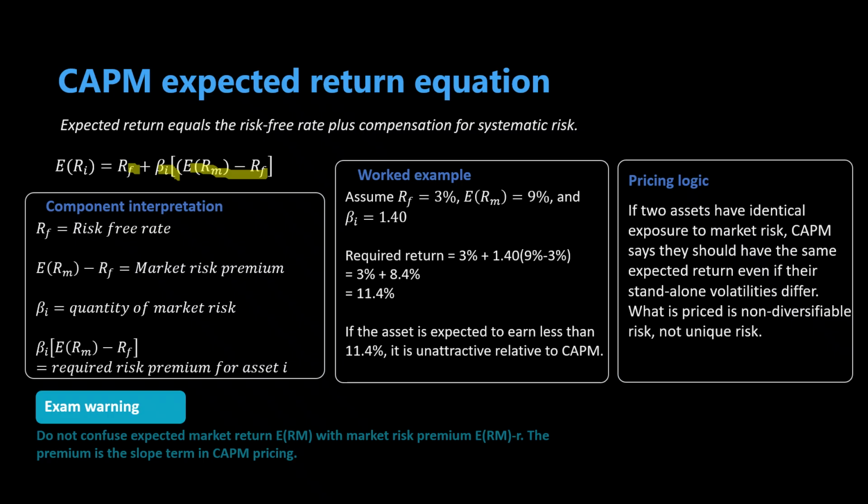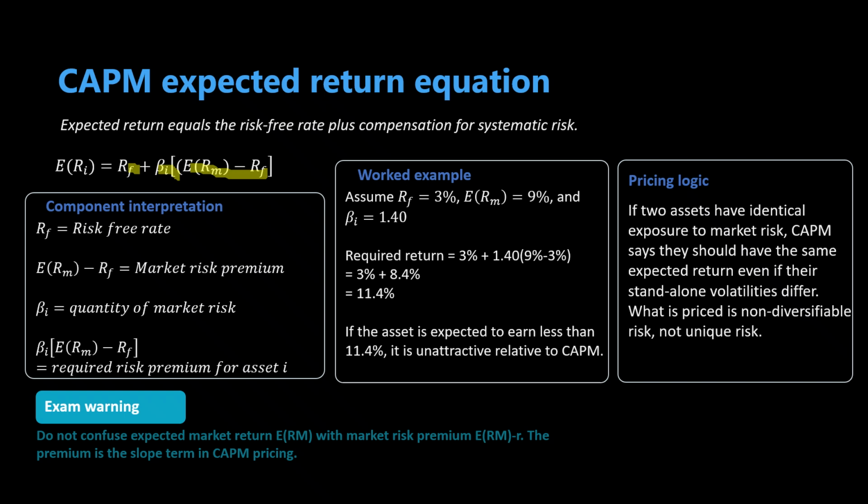Now let's move to numerical examples. Suppose RF is 3%, expected return of the market is 9%, and beta is 1.4. Required return using this formula is equal to 3% plus 1.4 times (9% minus 3%), which gives us 11.4%.